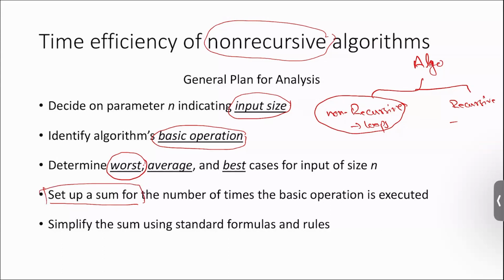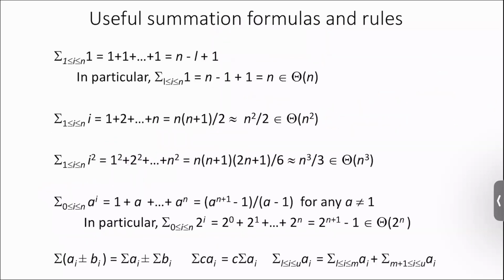How to do so? Obviously, we will do some examples in the coming class. And once we have set up the sum equation, we will solve and simplify it using the standard formulas, which are given here. For example, if you are given a sum equation where i goes from 1 to n, and there is one operation being performed, you can represent it either with c or 1, that means a constant.